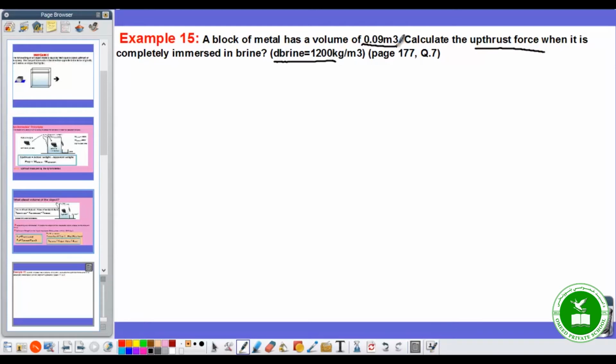Here, using Archimedes principle, we have a formula for upthrust force. The formula is upthrust force is equal to density of liquid into volume of displaced liquid into g.